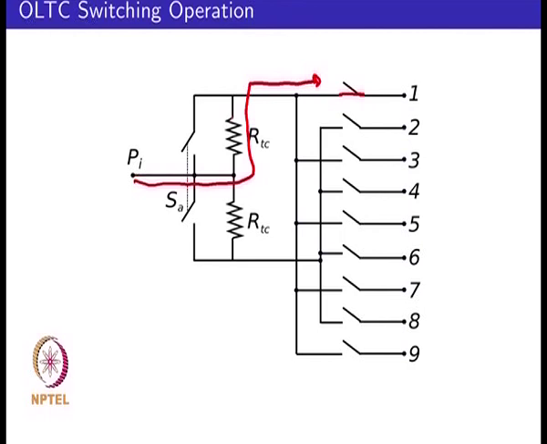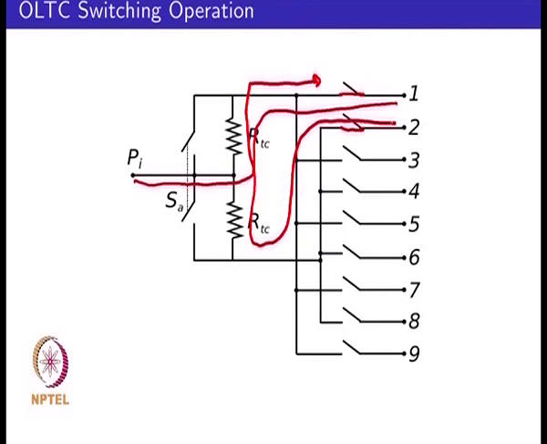Once SA is open, you could then close throw 2, and with throw 2 closed and SA open, now you have the resistance 2 RTC in the loop.